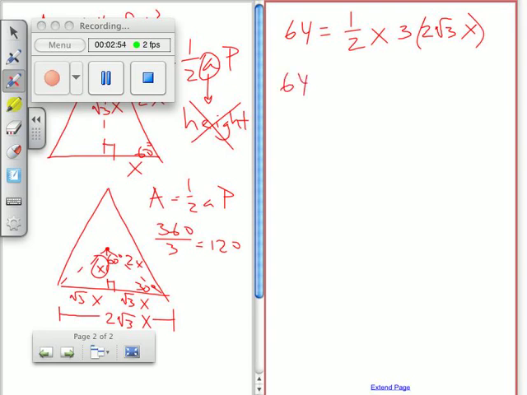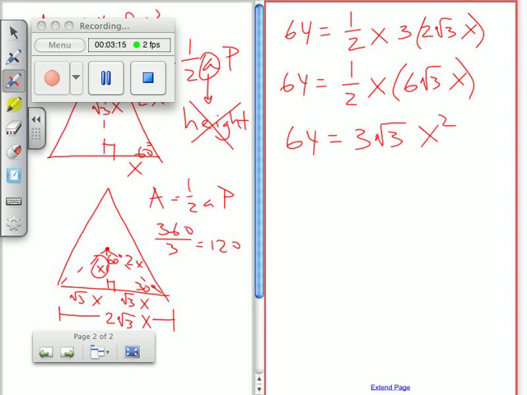So 64 is going to be equal to 1/2 x times 3 times 2 is 6 times the square root of 3x. So when I multiply the 1/2 and the 6, I get 3 times the square root of 3 times x squared, and I need to solve this for x.